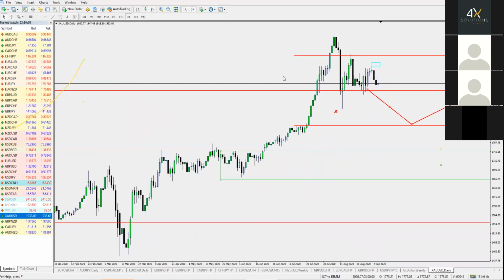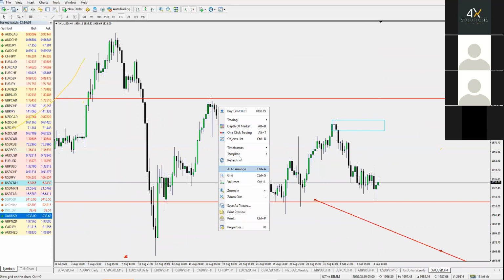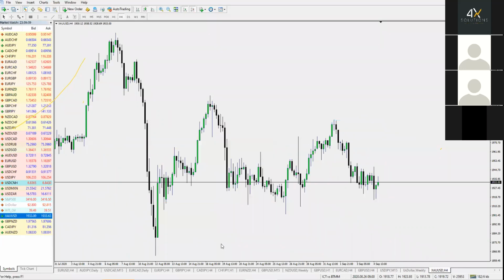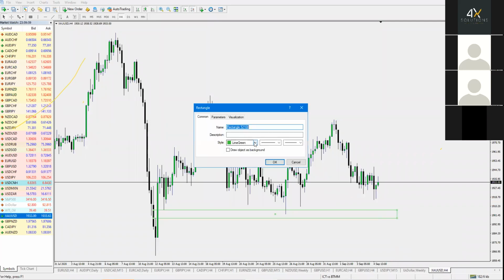And where it could continue from is there's a point of interest over here. So let's just clean this up. This is a gap in price or a liquidity void that had been half filled over here. So there is still some liquidity sitting below there.